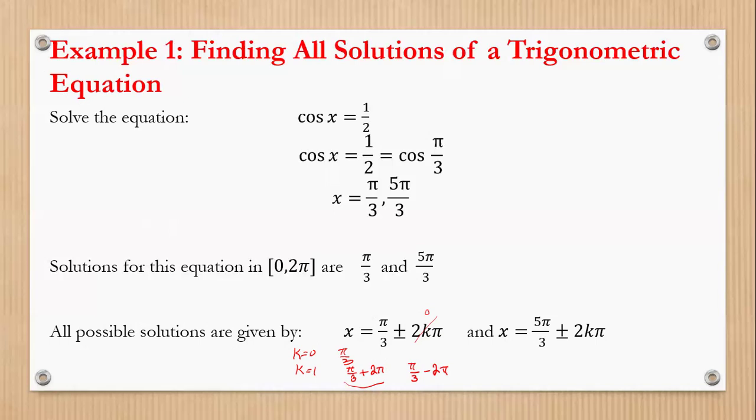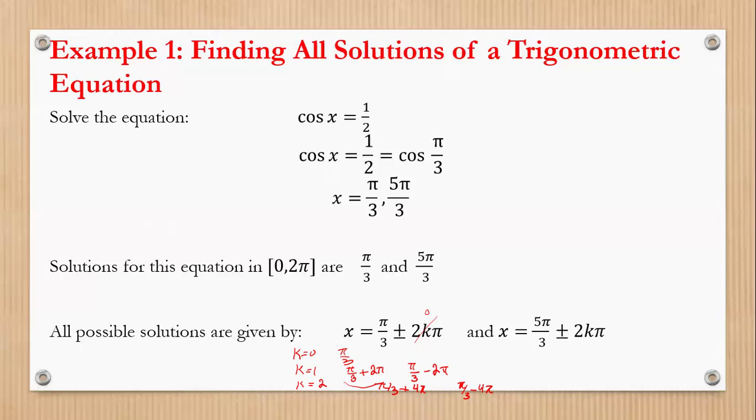Pi over 3 minus 2 pi means an angle in the negative direction. If I replace k by 2, I will get pi over 3 plus 4 pi and pi over 3 minus 4 pi. Again, I have angles in a negative direction and in a positive direction, in the second rotation, in the third rotation.